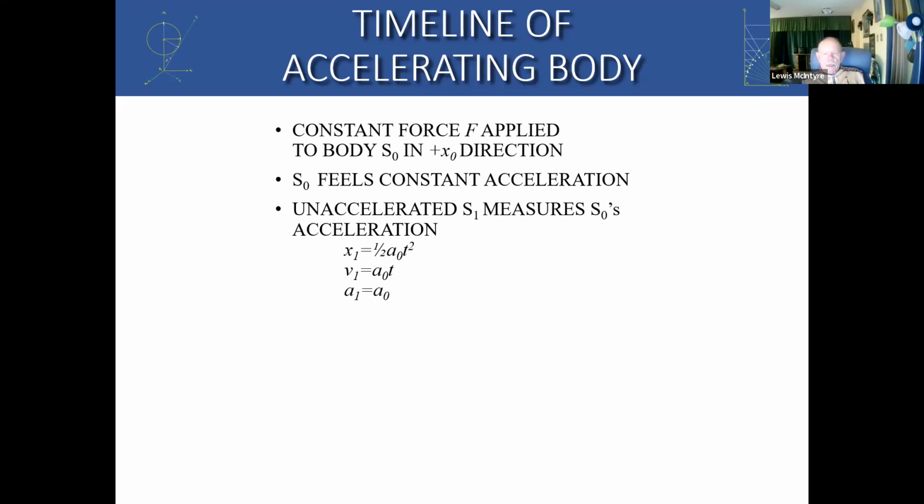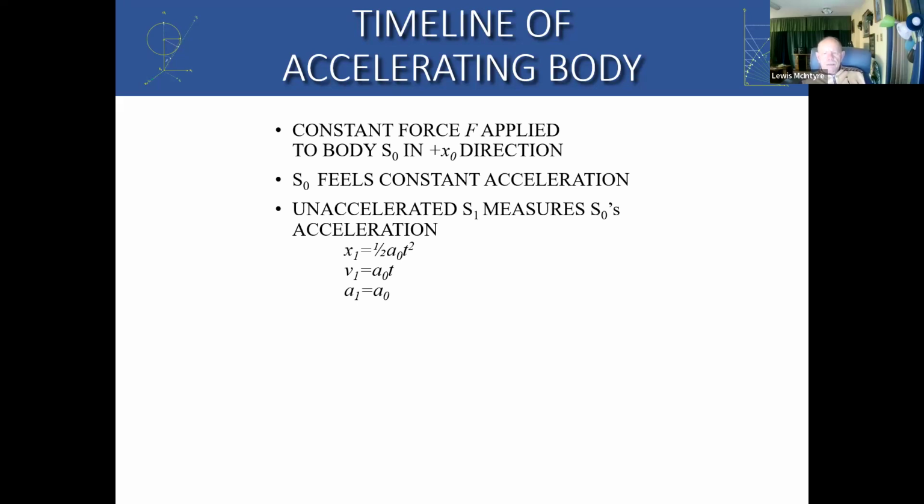The accelerating body S0 is initially at rest and co-located with the observer S1 at time equal to 0. For every subsequent click of its proper clock dt, S0 will increase its velocity with respect to S1 by dv.